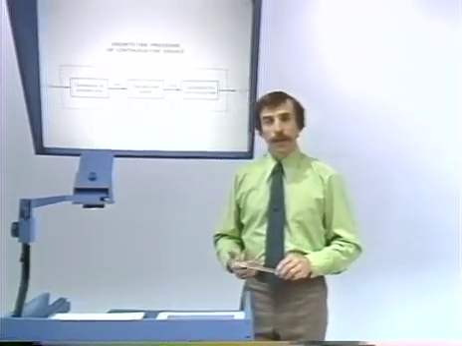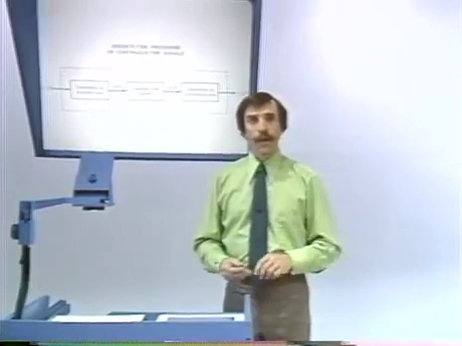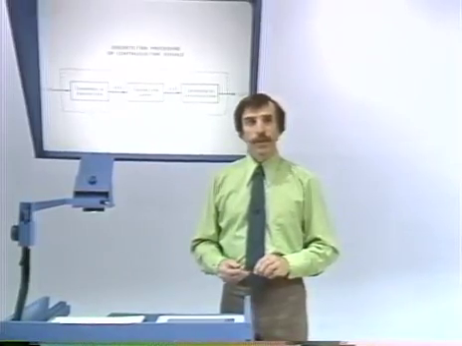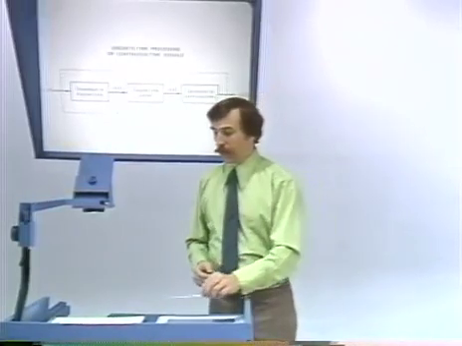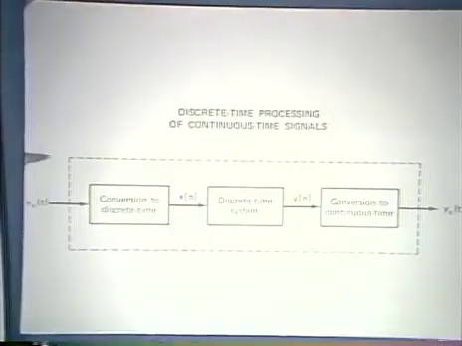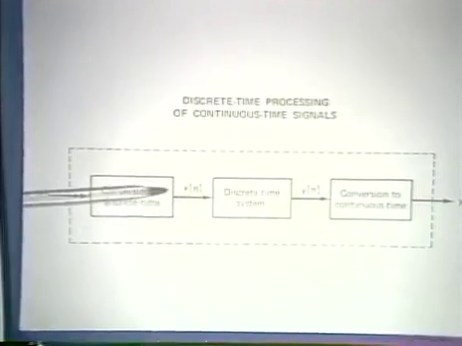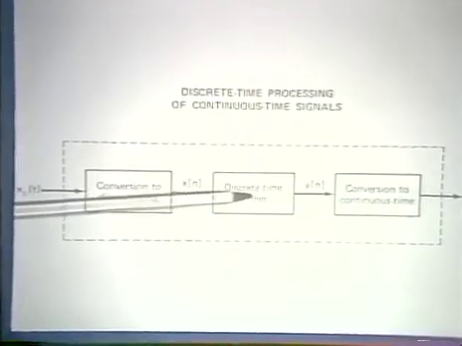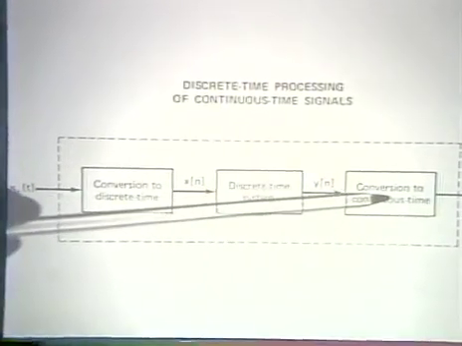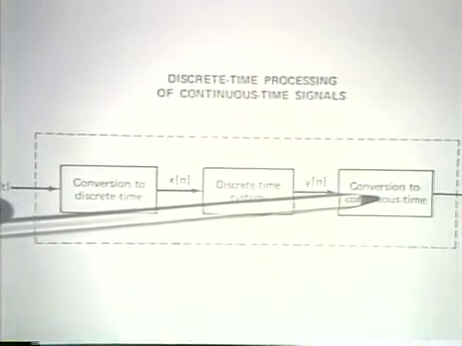But let me indicate that for that kind of processing, essentially what happens is that we begin with a continuous time signal and convert it to a discrete time signal, carry out the discrete time processing, and then convert back to continuous time.